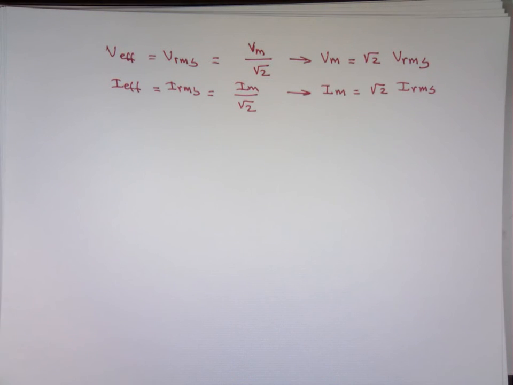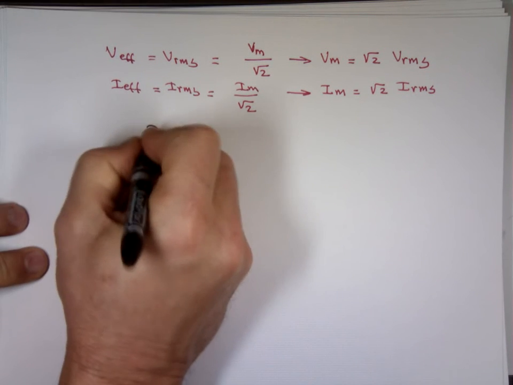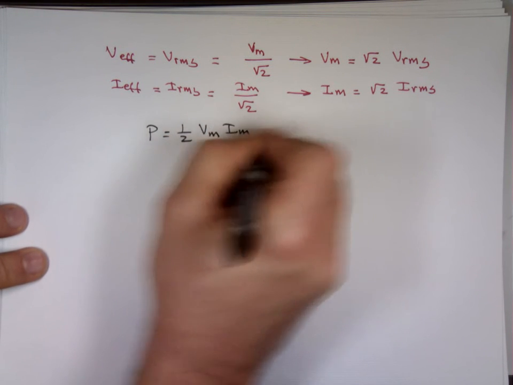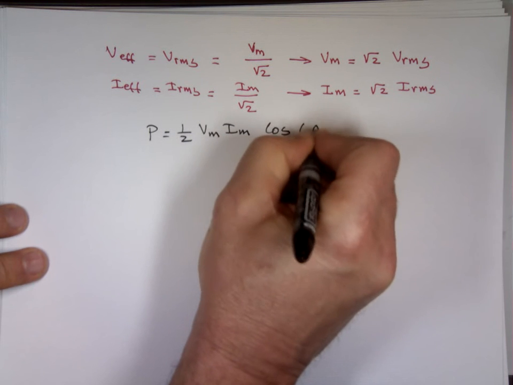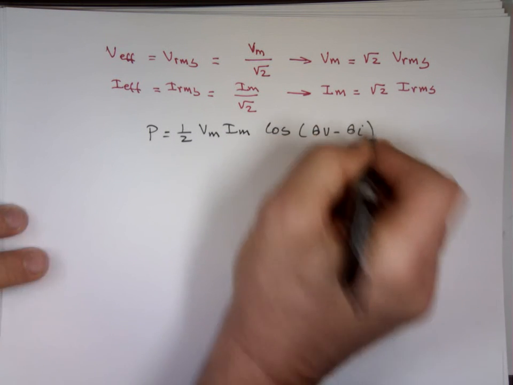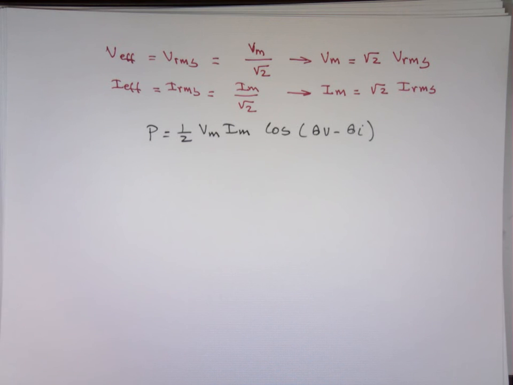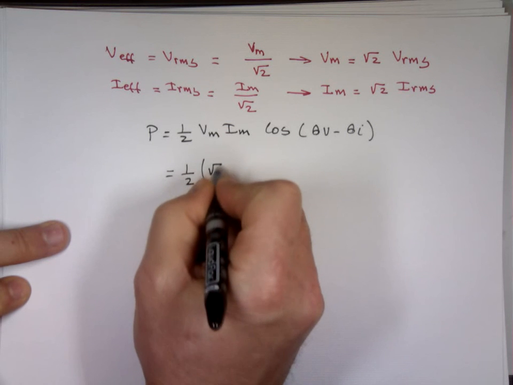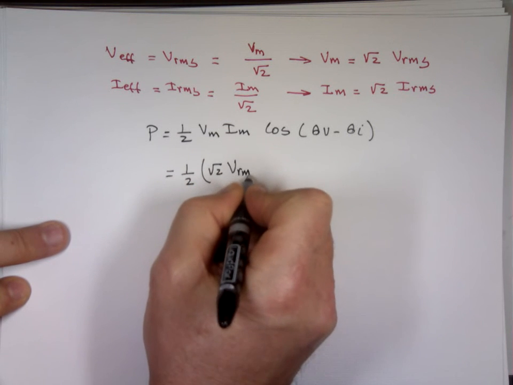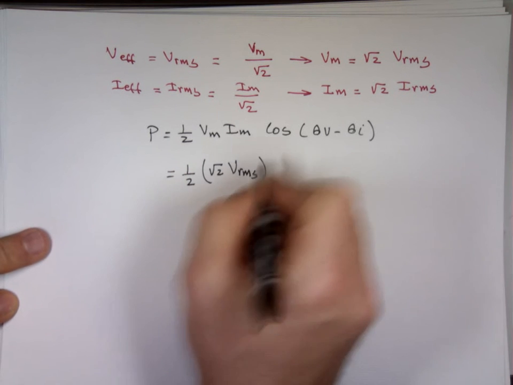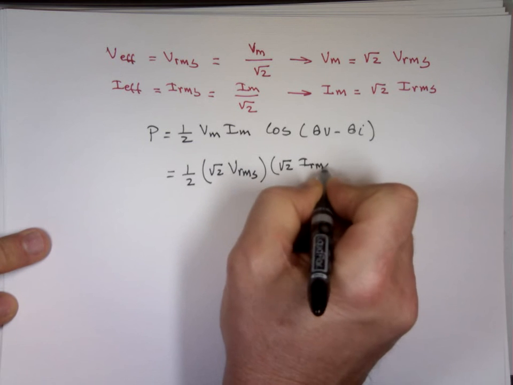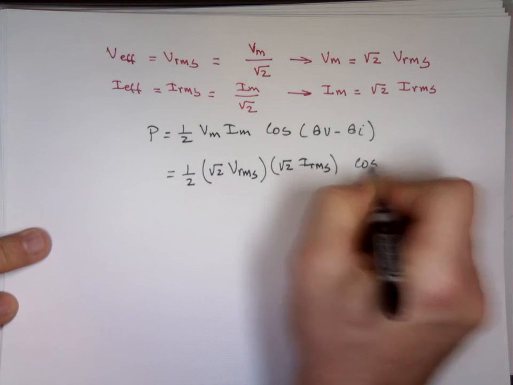So back to the average power. What was your average power? It's 1/2 V max, I sub max, cosine of theta V minus theta I. Let's replace V max with the square root of 2 V RMS, and replace I sub max by the square root of 2 I RMS.